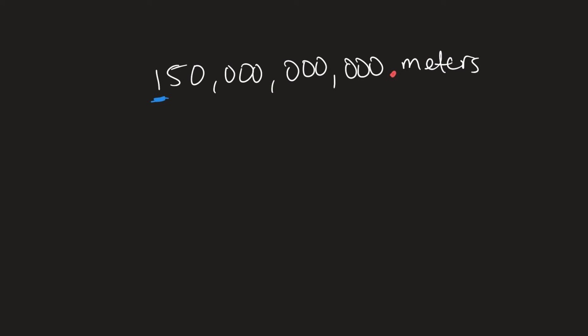So I'm going to move my decimal until the non-zero digit is to the left of the decimal. Okay, I want to make sure I don't confuse you guys. So let's move it. 1, 2, 3, 4, 5, 6, 7, 8, 9, 10, 11. Okay, so I moved this 11 times, and you notice I moved it towards the left.